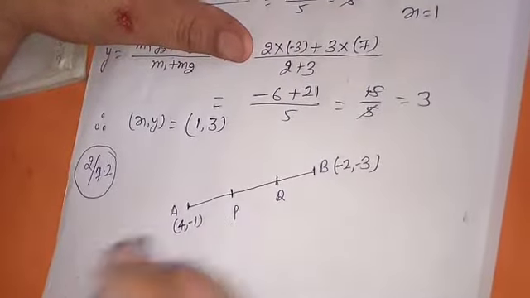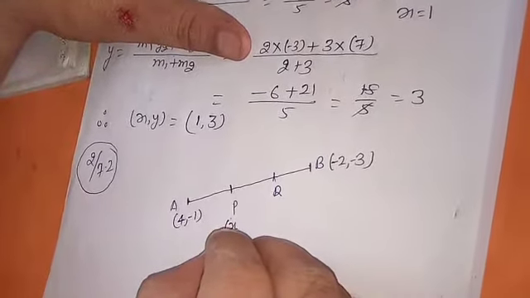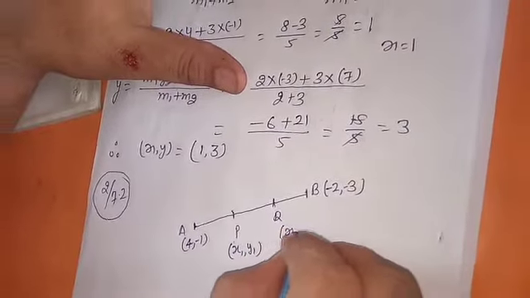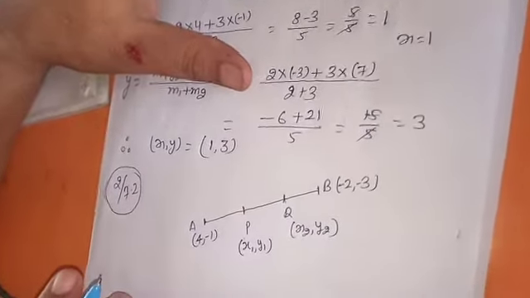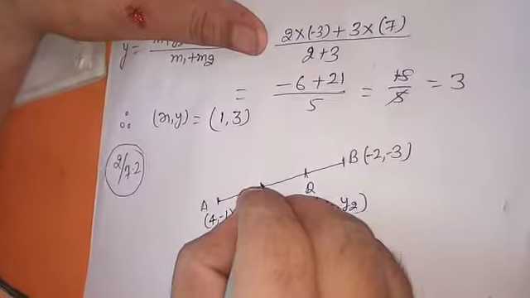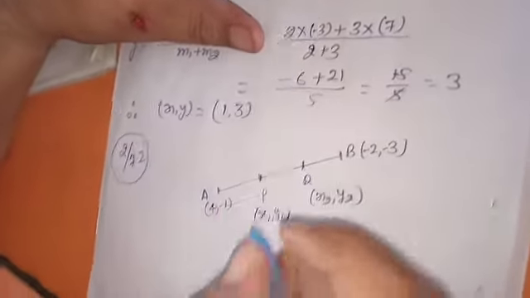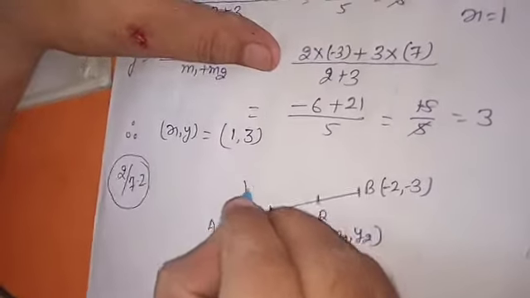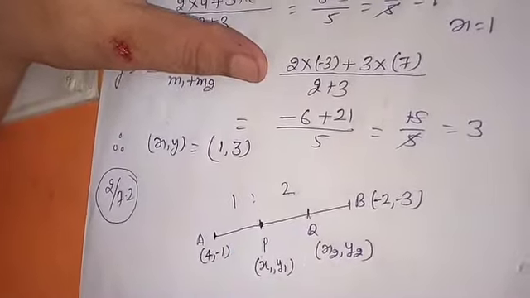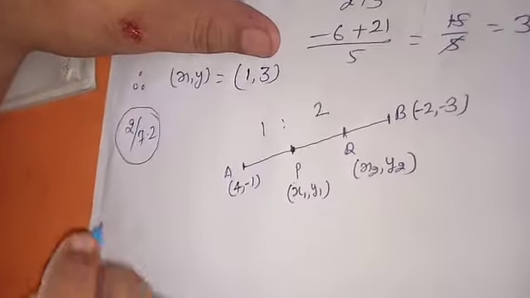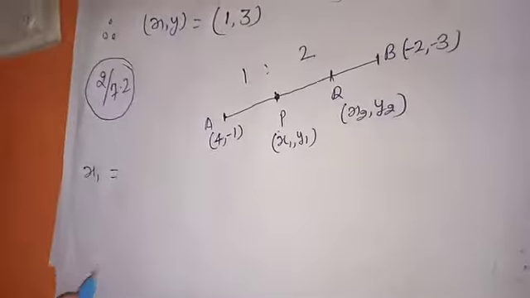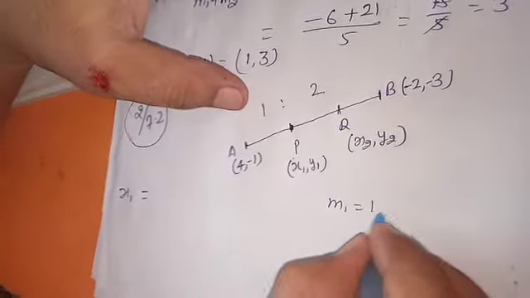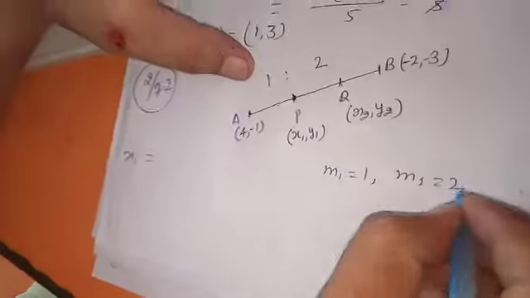So let P be (x1, y1) and Q be (x2, y2). Understood? First find the coordinates of point P. In which ratio does P divide? P divides in 1 to 2, because these are two parts and this is one part. So for x1, m1 equal to 1 and m2 equal to 2.